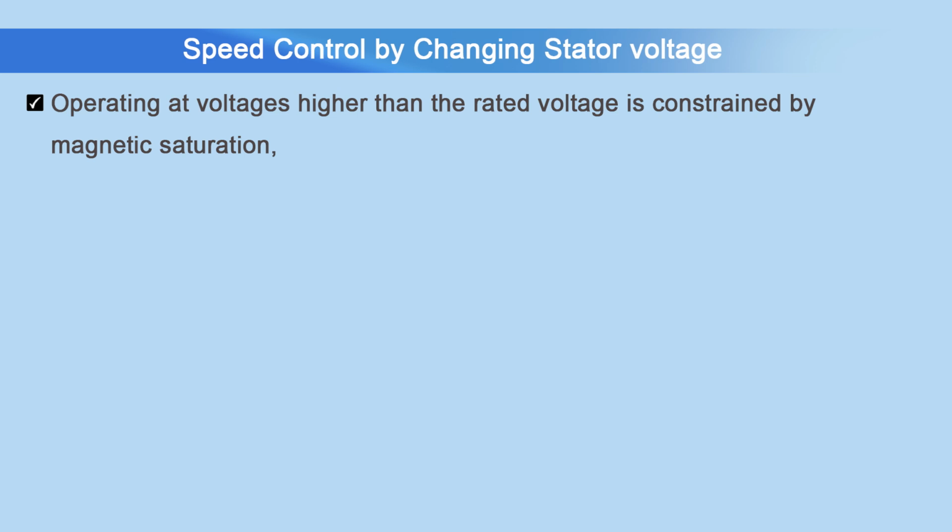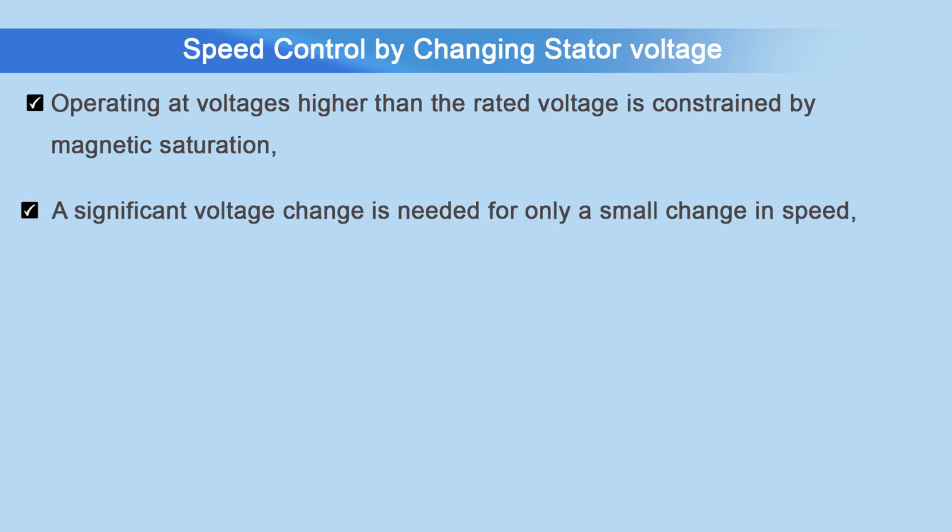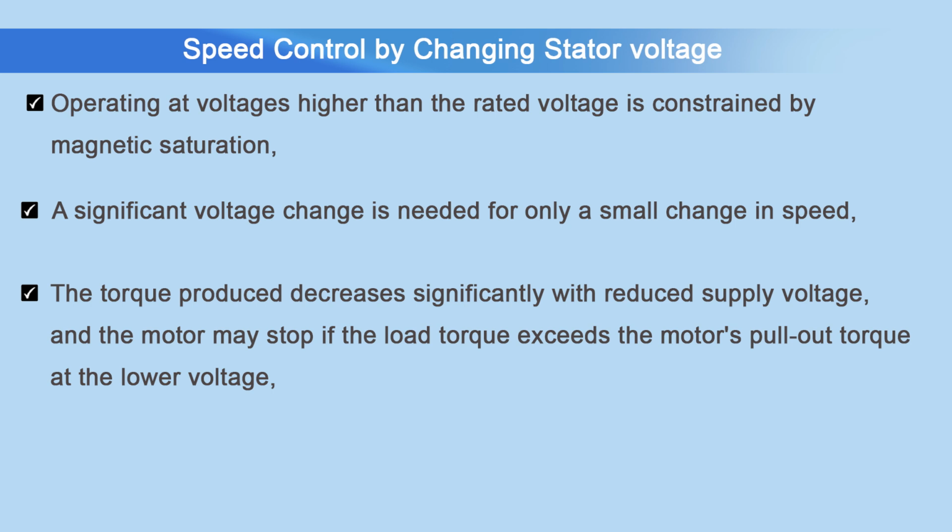Operating at voltages higher than the rated voltage is constrained by magnetic saturation. A significant voltage change is needed for only a small change in speed, and the torque produced decreases significantly with reduced supply voltage, and the motor may stop if the load torque exceeds the motor's pull out torque at lower voltages.